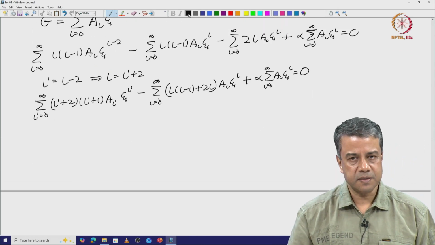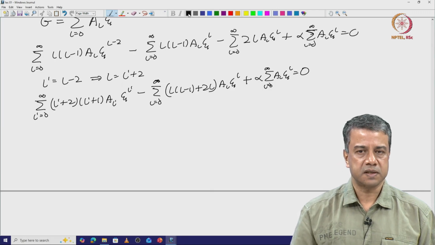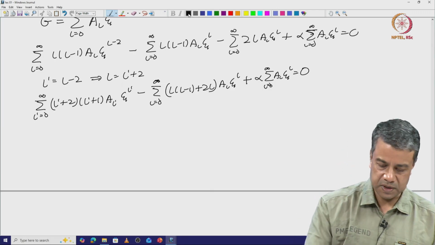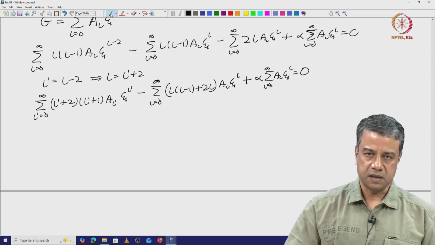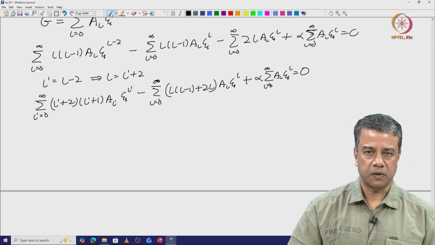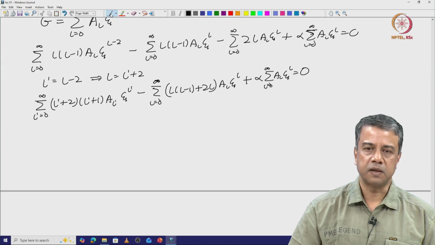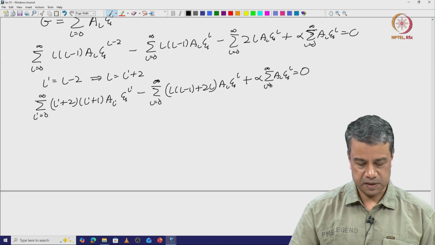Now, in this I can substitute L prime is equal to L, because it is a summation index anyway. It does not matter what you call it, because in the end the result will be independent of what you have called that particular index. It only depends upon the range over which the summation is taking place.